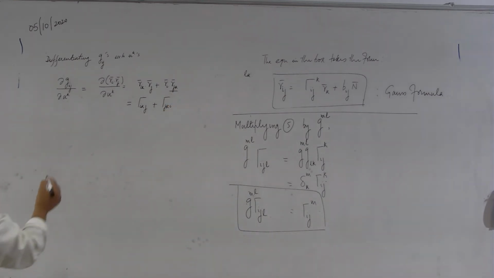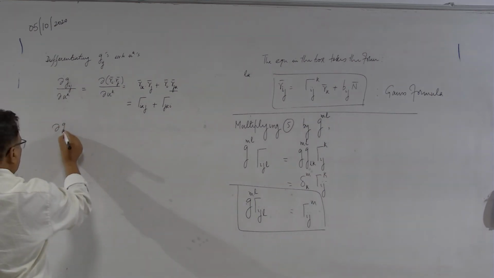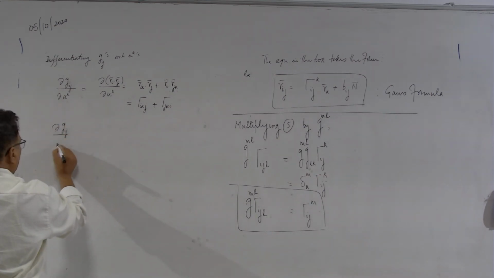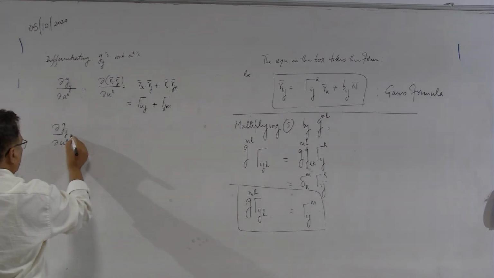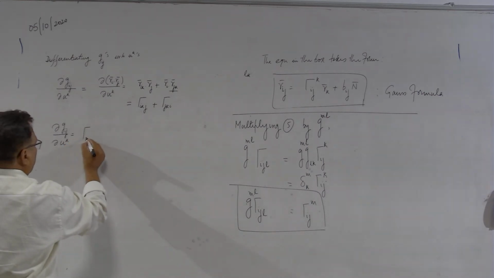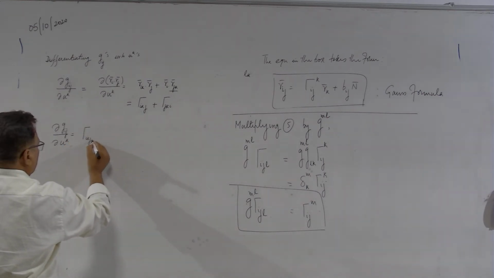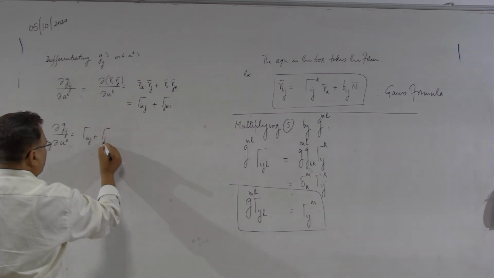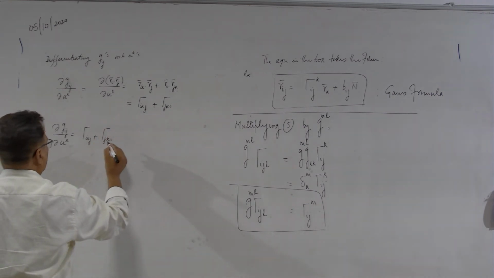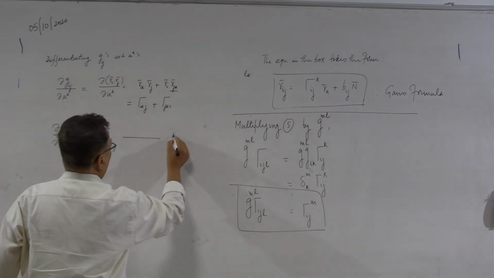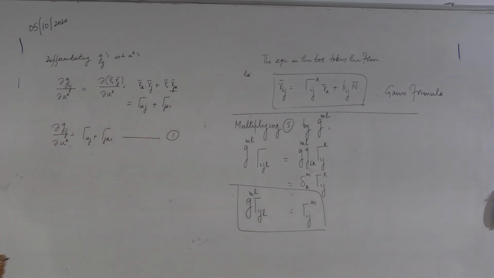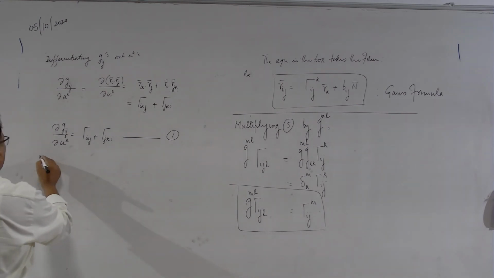So, what you get is that the derivative of g_ij with respect to u_k is equal to ik,j plus jk,i, and this is number 1. Okay. Similarly, I can write down other derivatives also.